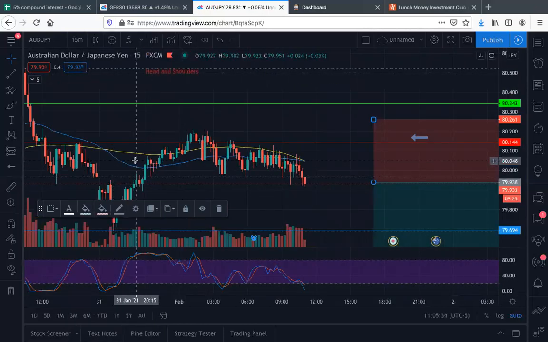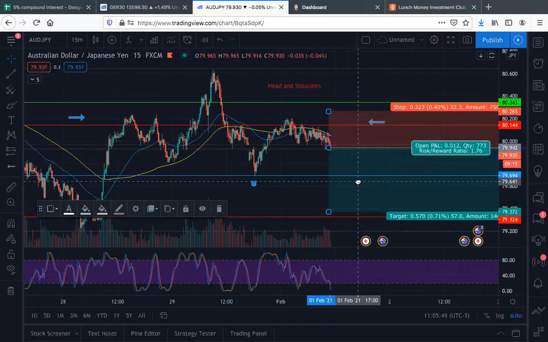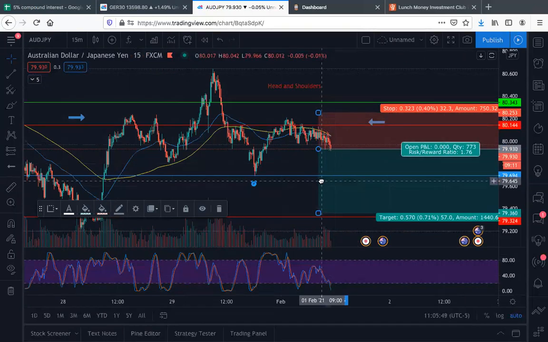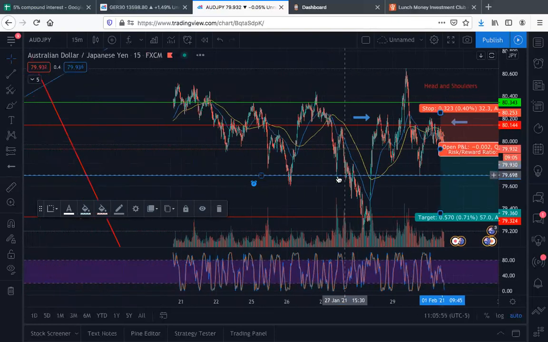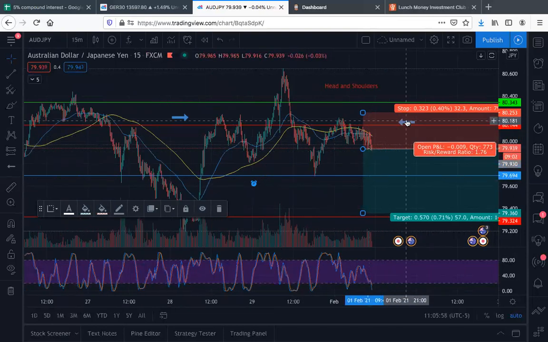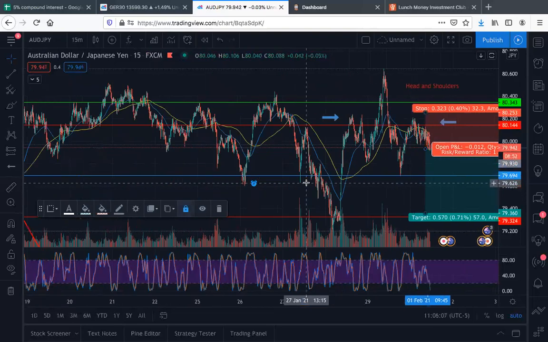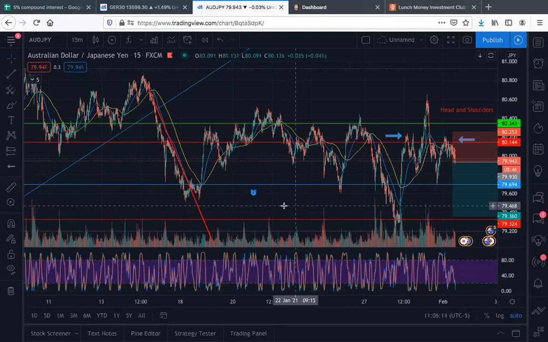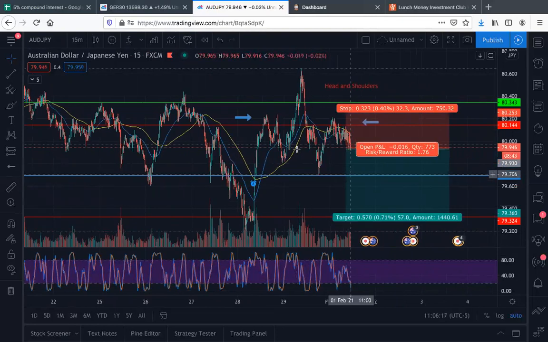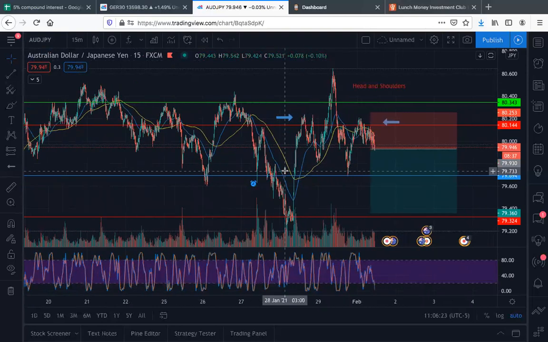Let's drill down a little more and see if I see something else. So that's pretty much what we're looking at as far as AUD JPY.